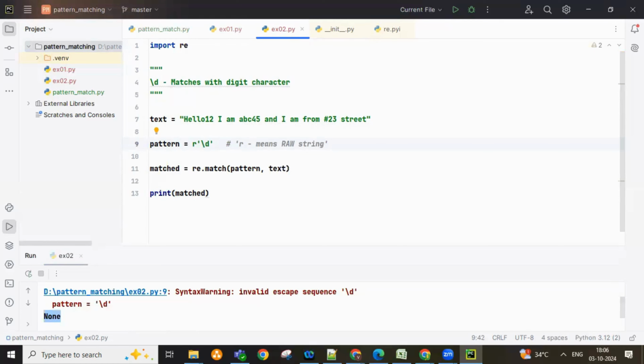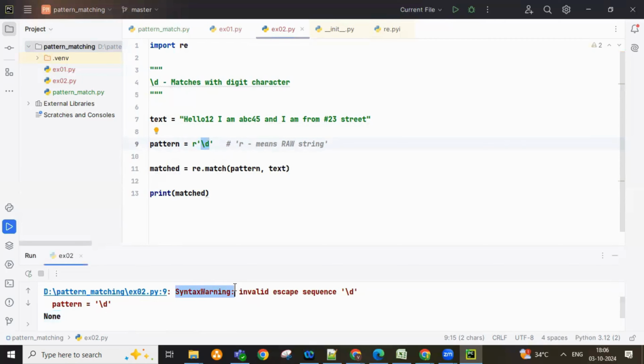Slash n means new line, and slash s means space, so it has some specialness. To remove the specialness, we use r. R means it does not have any special meaning; please take it as it is. That's where it is complaining.